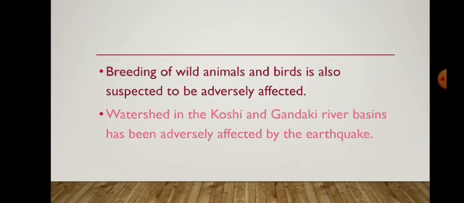So the rivers of Koshi and Gandaki were also affected. When the earthquake occurred, there were a number of landslides and cracks, and that affected the distributaries of the rivers.